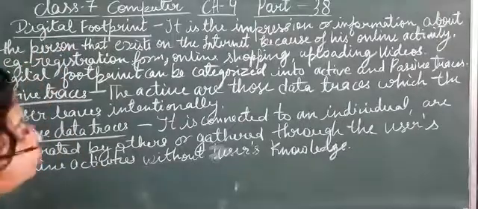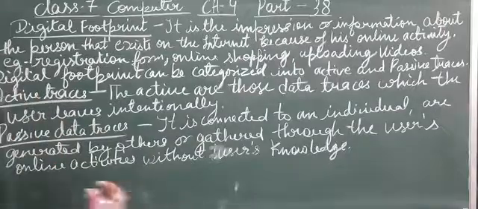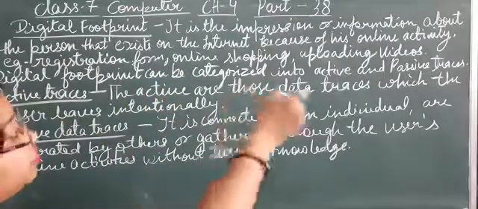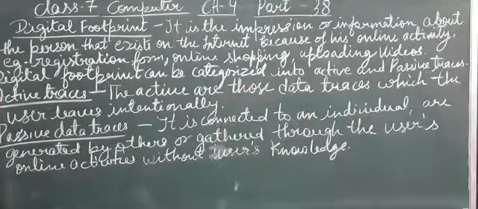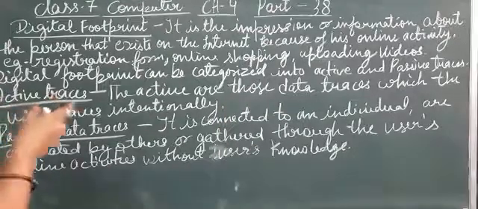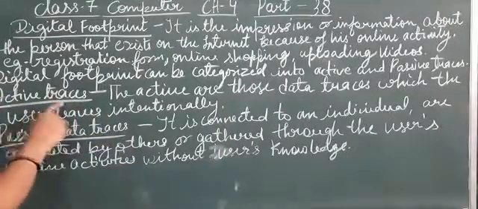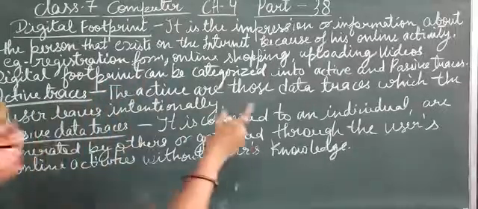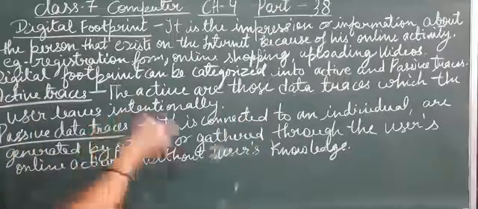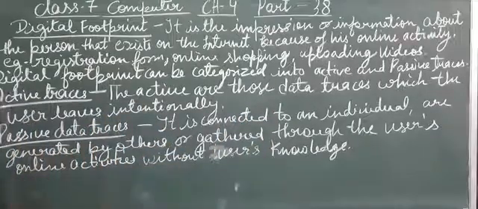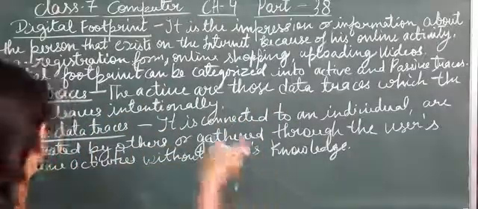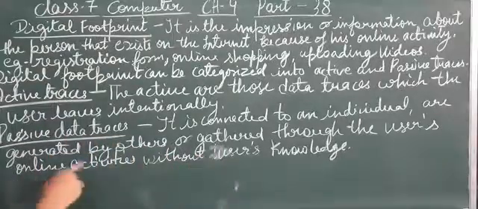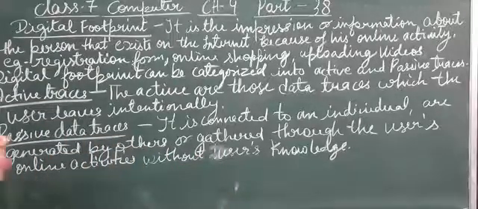It is the impression or any information about a person that exists on the internet because of his online activity. It can be categorized into two parts, active data traces and passive data traces. Active means the data traces which the user leaves intentionally, and passive means connected to an individual, generated by others or gathered through the user's online activities without his or her knowledge.